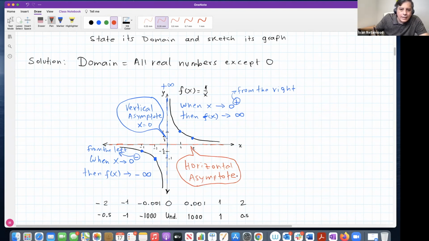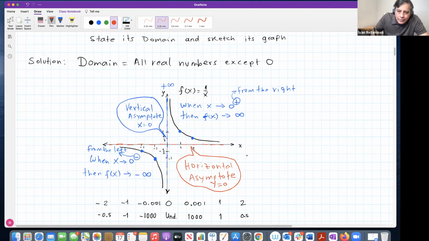And this horizontal asymptote has an equation. Remember the equations for horizontal asymptotes? We're going to write it here below. Professor, what's the equation? Y equals 0, right? Because all the y coordinates are equal to 0 for those points here. So the equation is y equals 0. It's a horizontal asymptote.